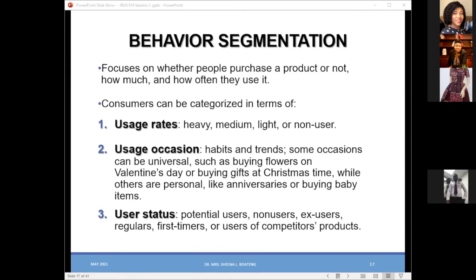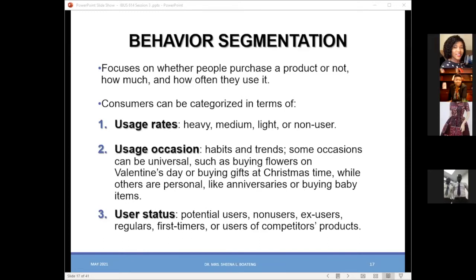So when it comes to usage rates, this is what we look into: heavy, medium, light, or non-user. And we can see this for various products and services in different categories. Depending on the category you are considering, you will find different consumer groups that fit each of these user rates, and it's up to you to determine which of the groups you want to focus on.